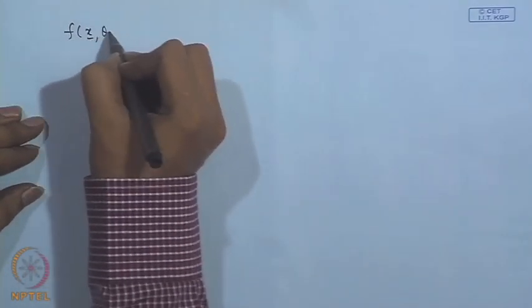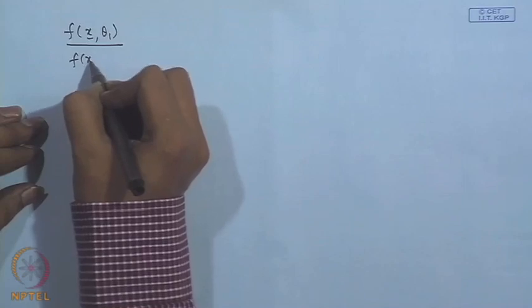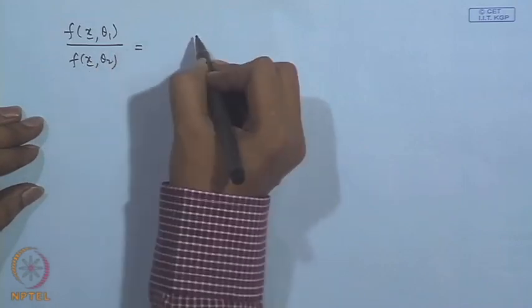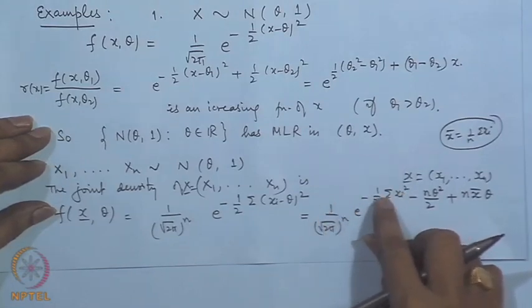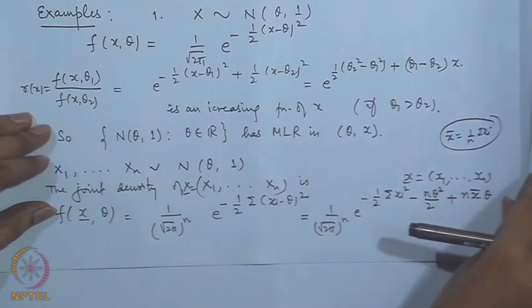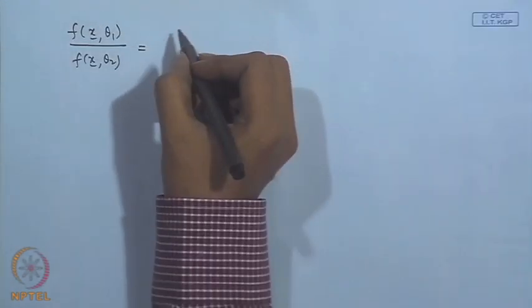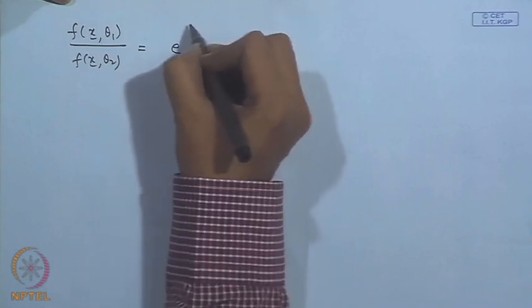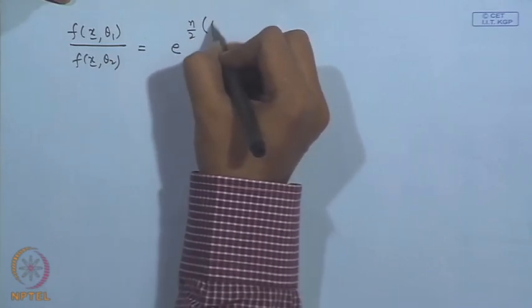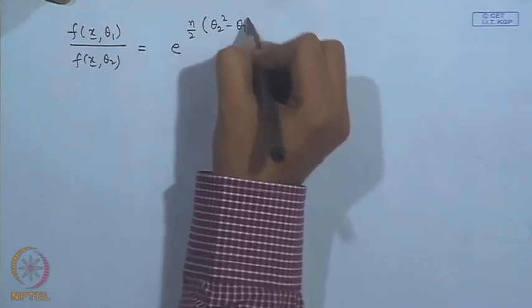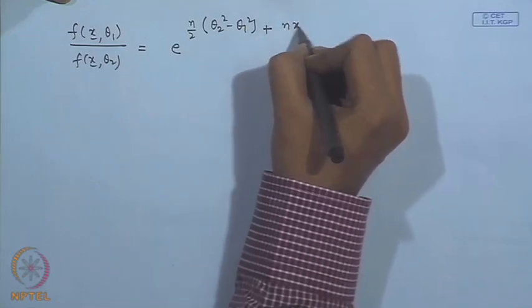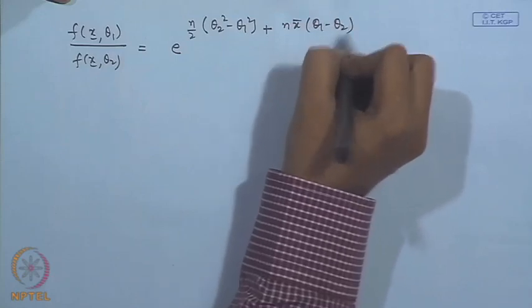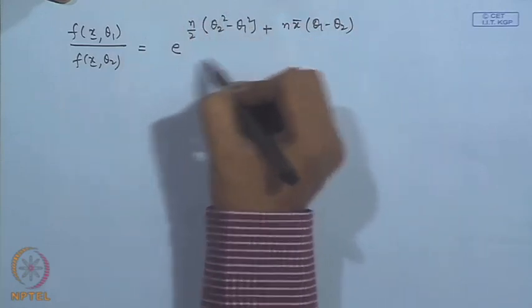f(x, theta 1) divided by f(x, theta 2), that is turning out to be. Now, when you write the ratio, this constant term will get cancelled out, e to the power minus half sigma x i square will get cancelled out. We will be left with e to the power n by 2 (theta 2 square minus theta 1 square) plus n x bar (theta 1 minus theta 2). Now, this is constant.